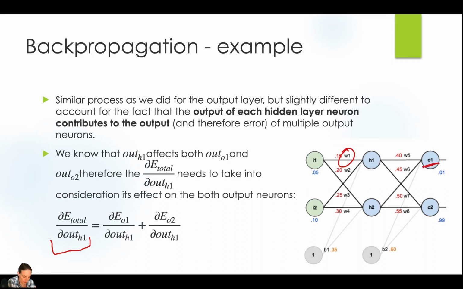This change in weight 1 also propagates like this, and it'll influence our output node 2. Okay, so we need to calculate both of these, meaning that we need to look at both partial derivatives summed, because the total error is the error resulting from node 1 and node 2 in the last layer.